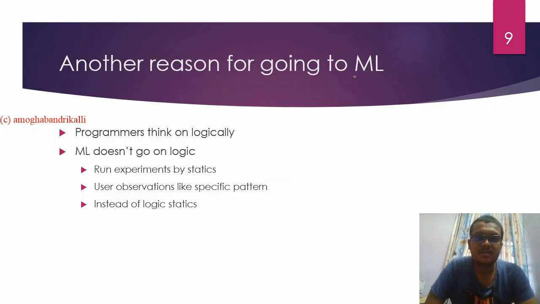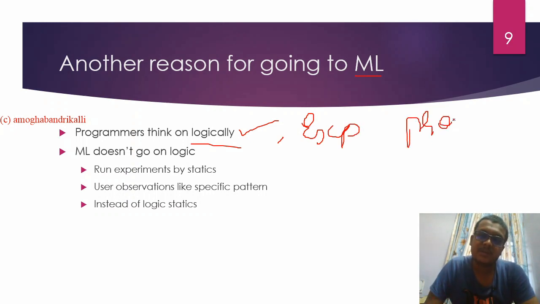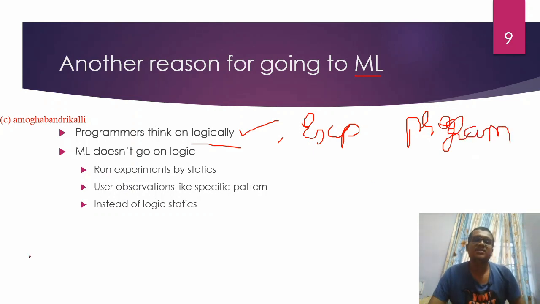Another reason for going to machine learning is that what software engineers or programmers do is think logically and have some expression. Based on the expression, your program is going to be executed. But machine learning is not going to work with logic.